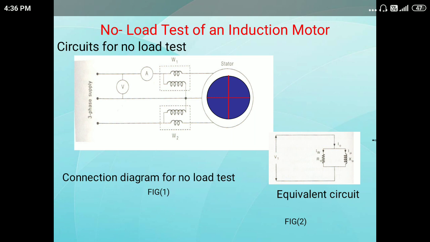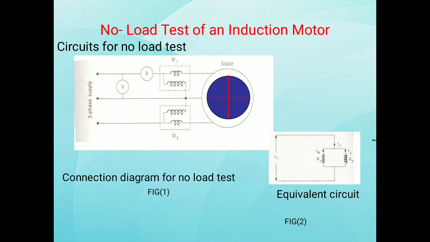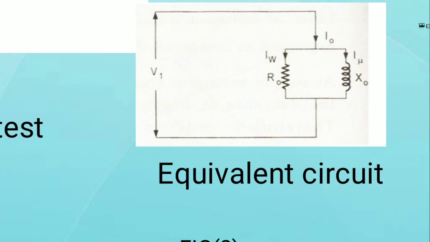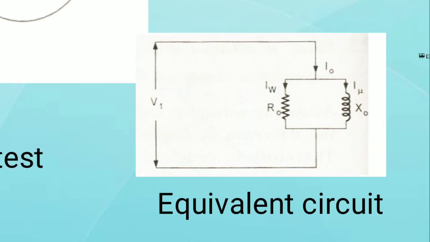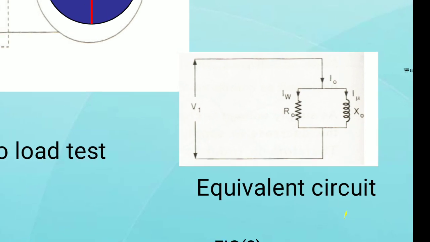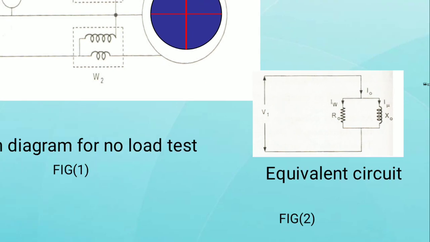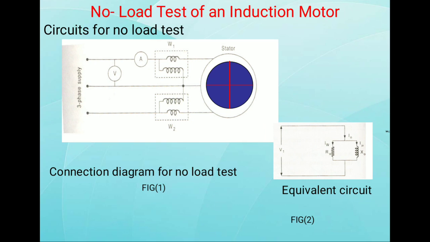It shows I naught, IW, I mu, R naught, X naught. So the motor is rotating.